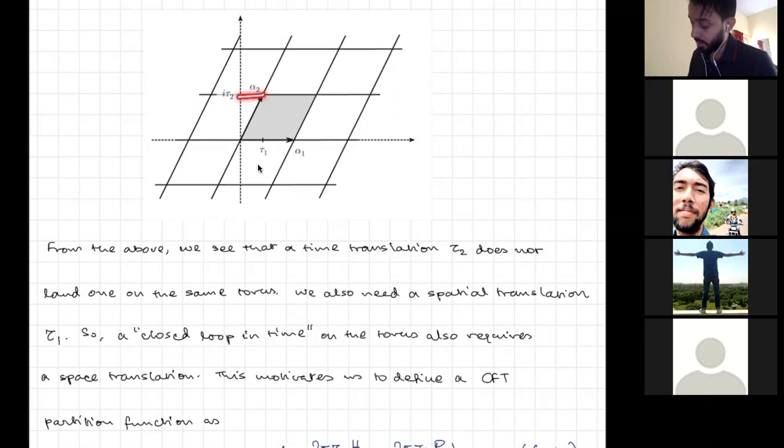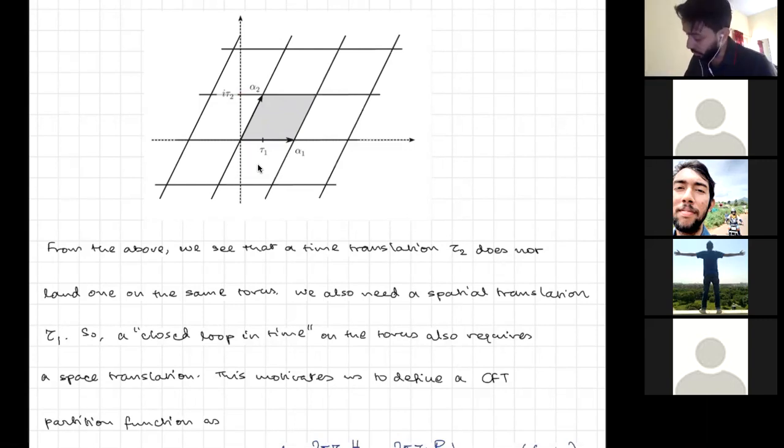So in order to get a closed loop in time, not only do you have to move in time, but you also have to move in space. So you need to identify, so this is what is happening. Just a time translation by tau2 is not going to land you on the same torus.